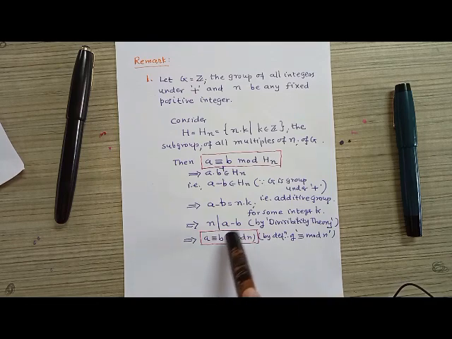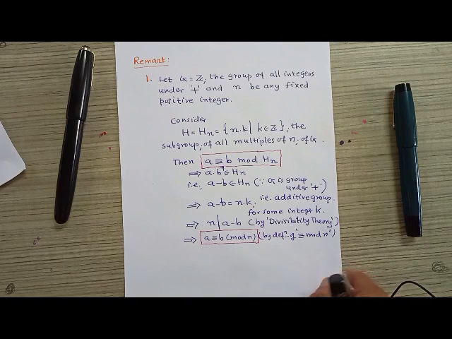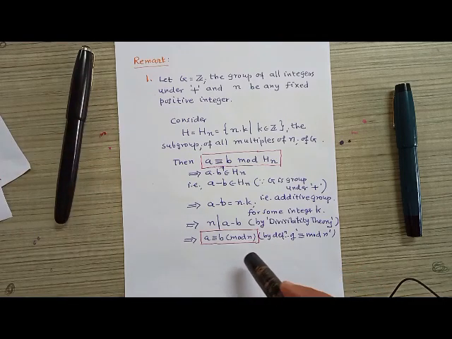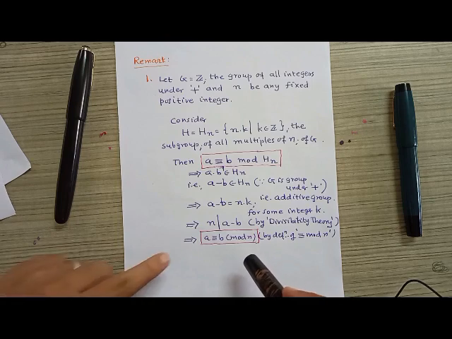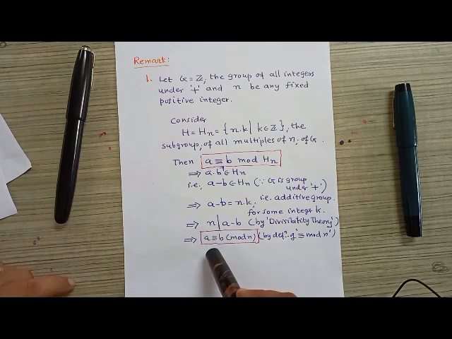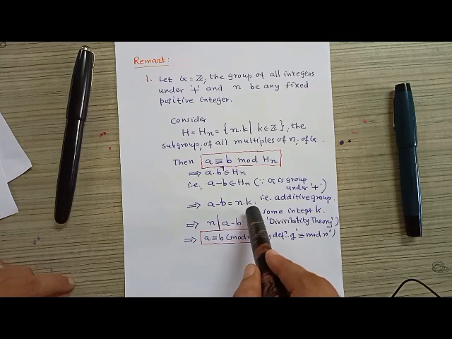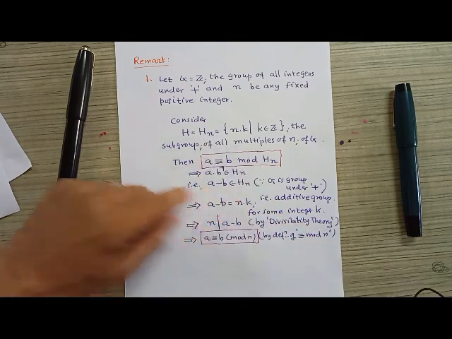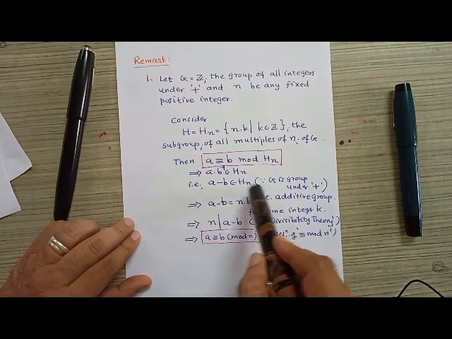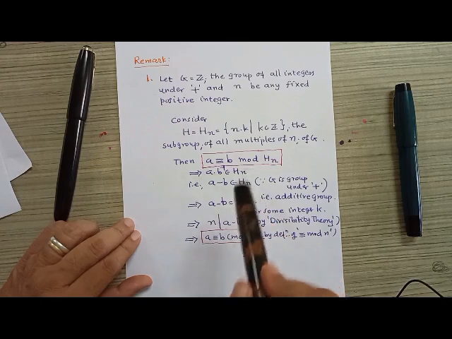And we know the congruence relation in integers in number theory as A is congruent to B modulo n. We may also go in the reverse direction. A is congruent to B modulo n implies n divides A minus B, that is A minus B is a multiple of n, that is A minus B is equal to nk. Therefore it will be a member of Hn, that is A minus B belongs to Hn. Minus B means B inverse, so A B inverse belongs to Hn.